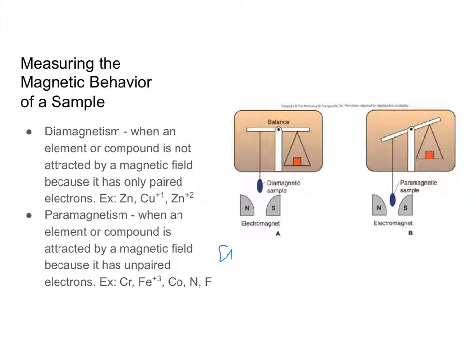So argon, and then zinc would be 4s2 and then 3d10. Zinc won't react with magnets in any way because all of the electrons in its electron configuration are paired up.